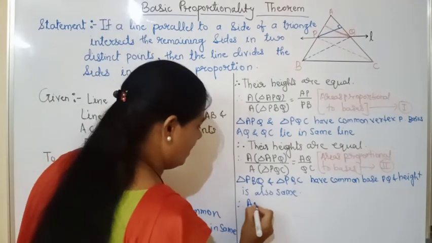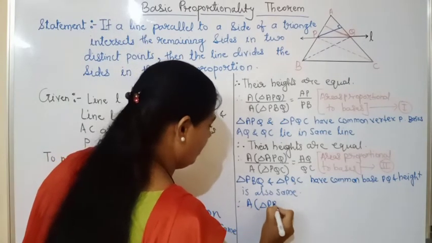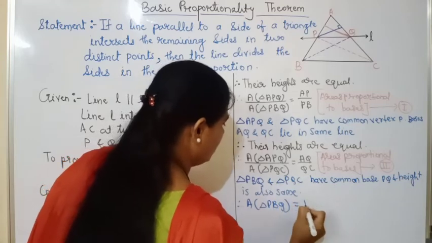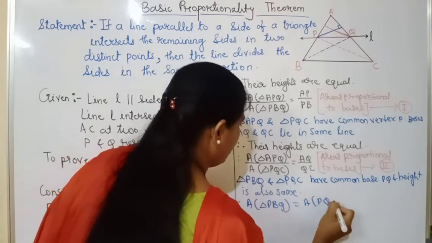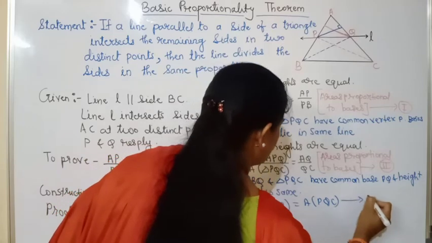Therefore their areas will be equal. So area of triangle PBQ is equal to area of triangle PQC, and we will write it as number 3.